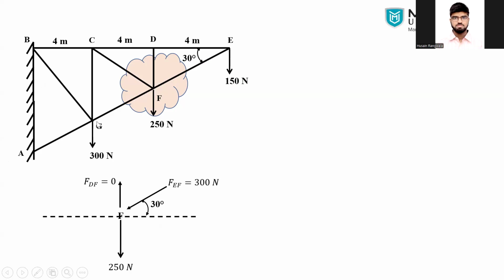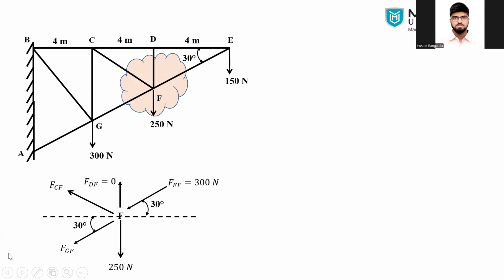So for FGF also, the force will be acting at 30 degrees with the horizontal axis. I am assuming right now it is tension. Now the question is about FCF. What is the angle? Let me show the tension force. We have to figure out the angle.